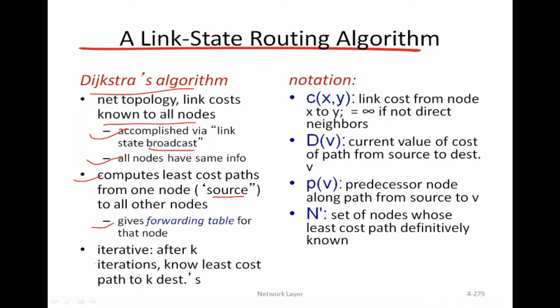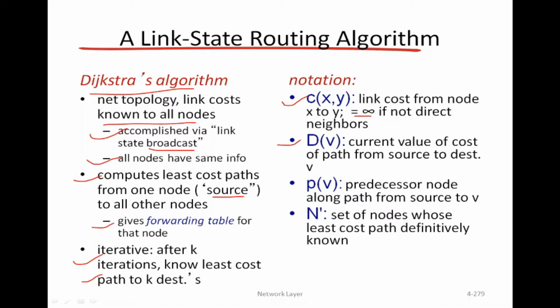After k iterations, it knows the least cost path to all k destinations. The notation c of x comma y gives the cost from node x to y. In this example it is set to infinity because it is not a neighbor node.